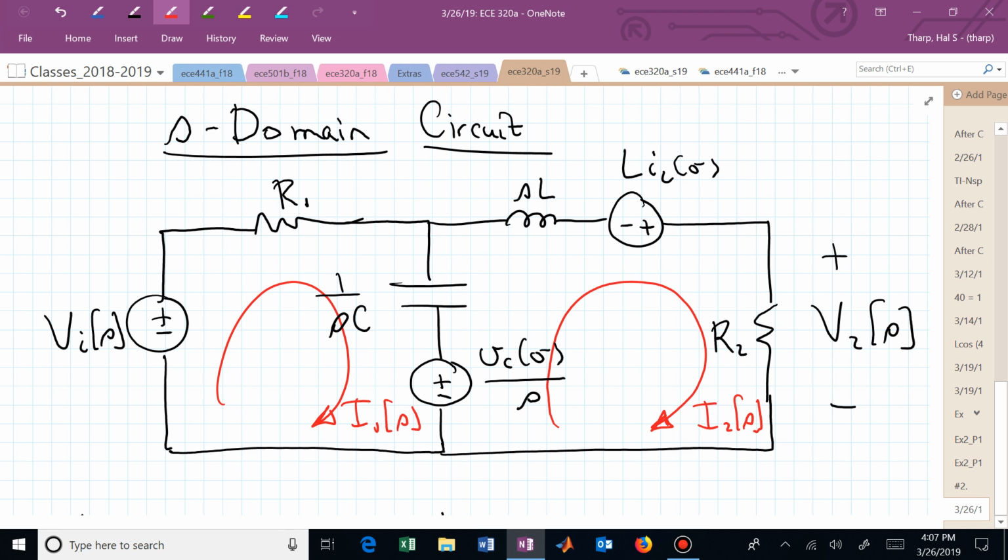They now have impedance values. And as long as you keep track of the S's, you can now just do algebra like you did algebra for your all-resistive circuit analysis problems. Which means we should be able to solve for I1 and or I2 in this circuit by simply doing some algebra.